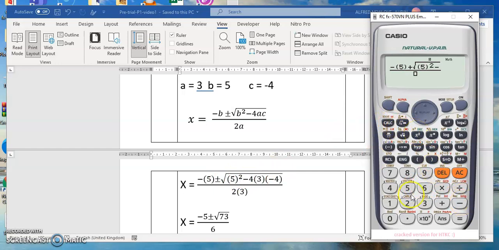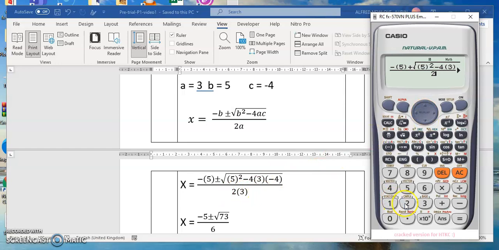Then minus 4. So you press the 4, then bracket, this bracket, 3. Close the bracket. Then another bracket, minus 4. Close the bracket. Move the cursor down. We want to press this one.